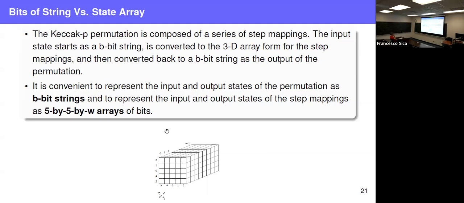When we get a string, before starting the SHA-3 process, we have to convert it to a 3D state array, and then at the end of the process, we will convert the 3D array back to a string. Why this 3D array? This structure helps achieve the strong diffusion properties, which we need in cryptography.